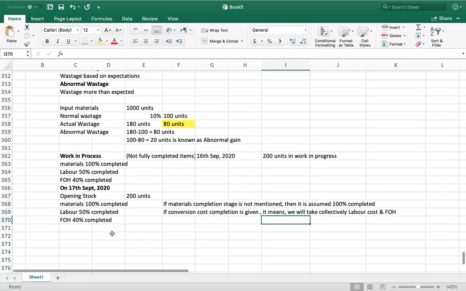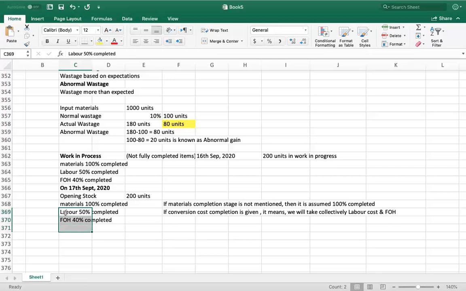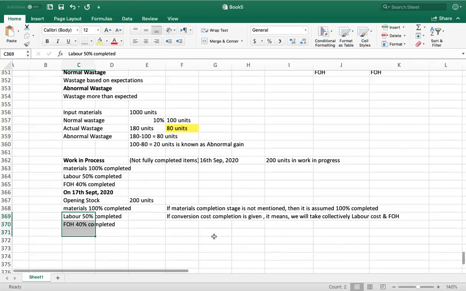Sometimes he gives you labor and factory overhead separately. Sometimes instead of giving these two items, he collectively gives you conversion cost. If conversion cost is given, it is the combination of two items: labor cost plus factory overhead. So in examination, sometimes he gives a little bit confusing statement. If material stage completion is not given, it means it is 100% completed. If conversion cost completion is given, we will take labor cost and factory overhead collectively. These 2 points are very, very important. Keep them in your mind.